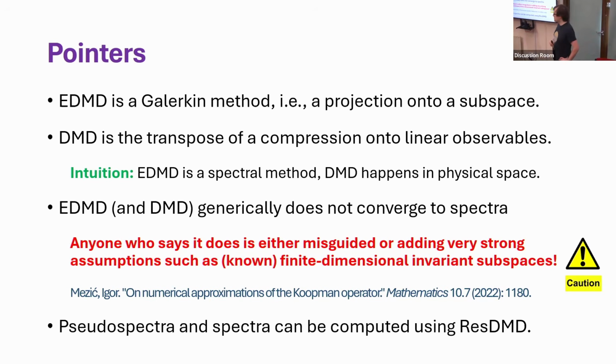For some systems it doesn't converge to the L2 spectrum, but to something else that's meaningful. Caroline and also Julia are the people who talked about that. I'd also add that DMD with delay variables will converge to the same kinds of things, the resonances, which are often spectral. Yeah, they converge to resonances.